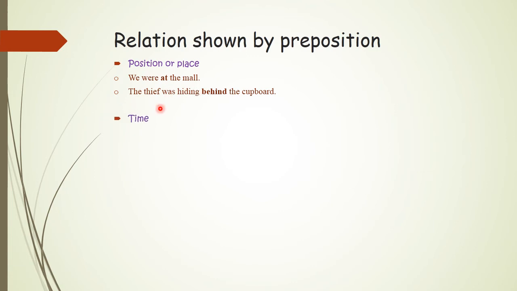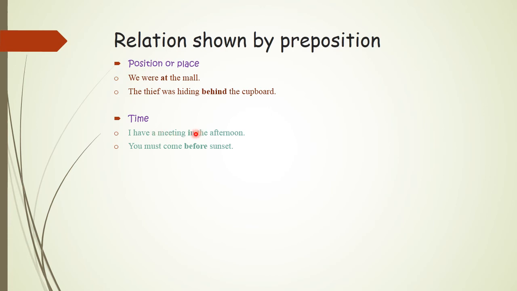Again, another relation shown by preposition is the preposition of time. I have a meeting in the afternoon. So it is again a time of the day. Afternoon, morning, noon, evening, night, etc. And here it shows the relation of time. I have a meeting when?